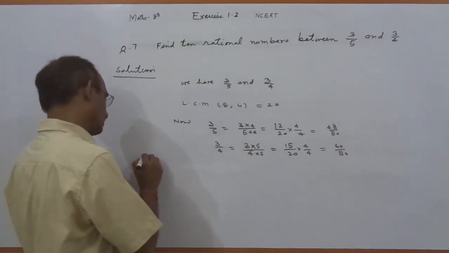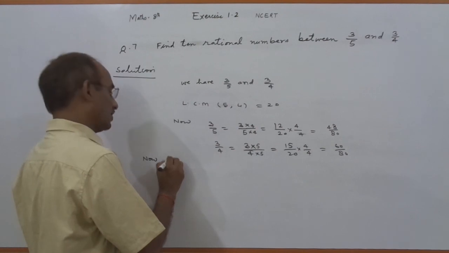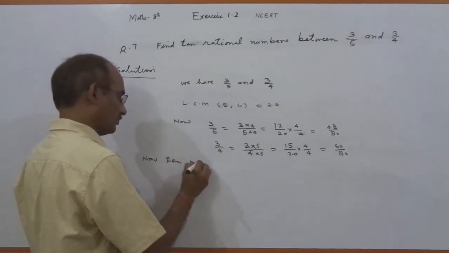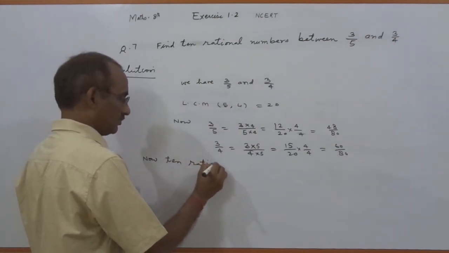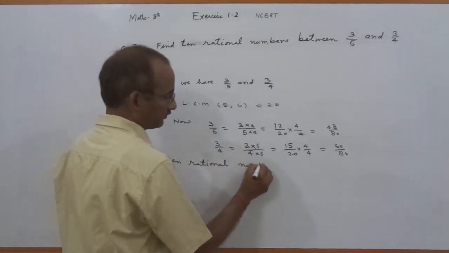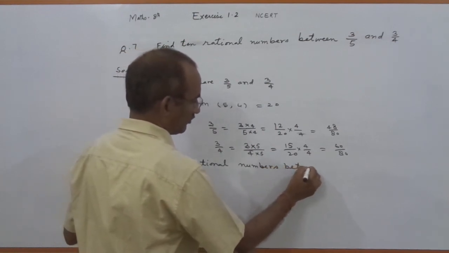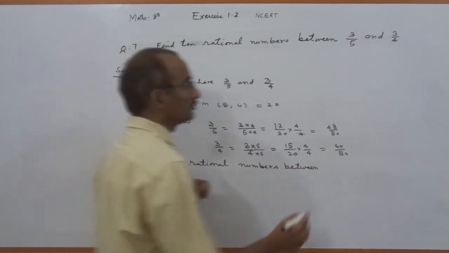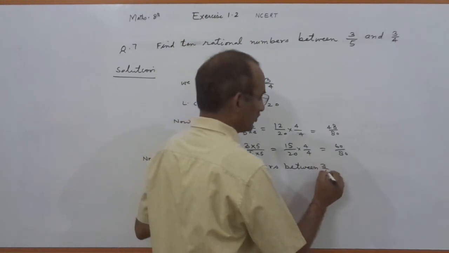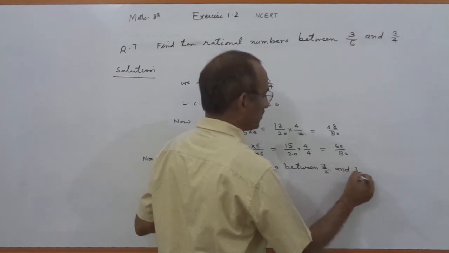Now we can write 10 rational numbers between 3 upon 5 and 3 upon 4.